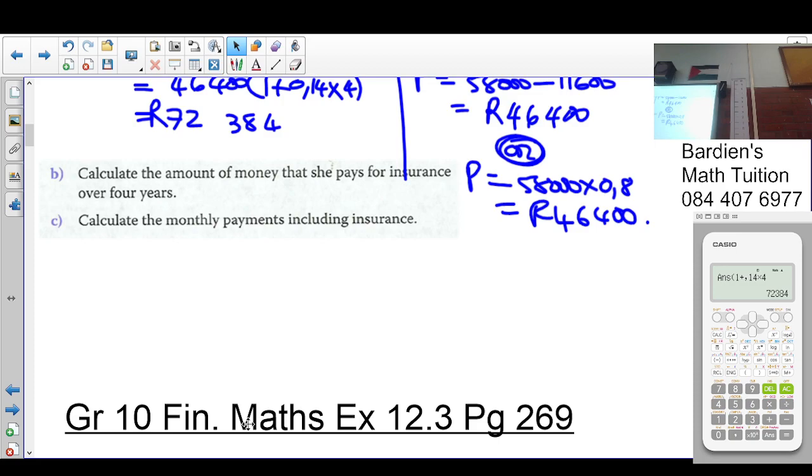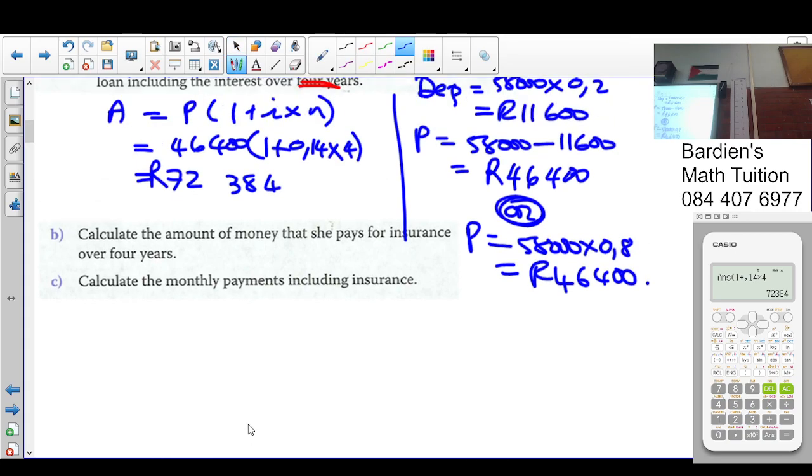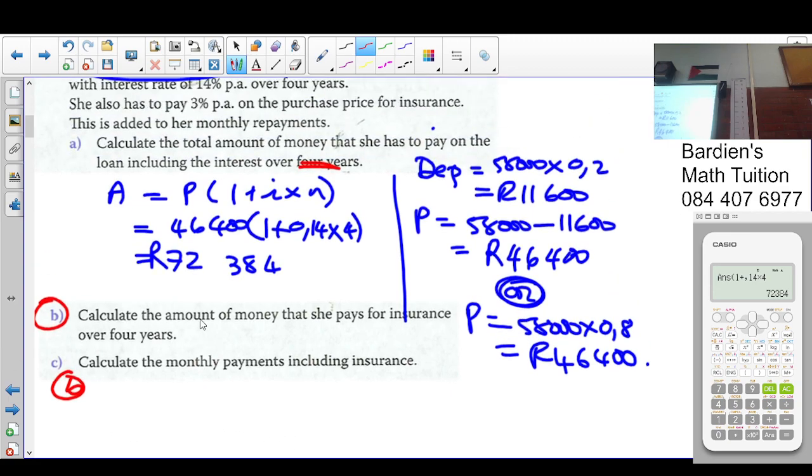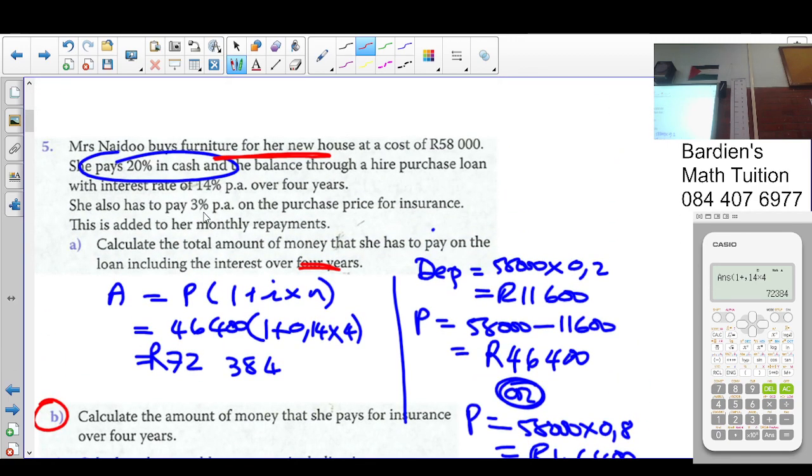Calculate the amount of money that she pays for insurance over 4 years. So firstly, I must calculate how much the insurance is. The insurance is 3% per annum on the purchase price.